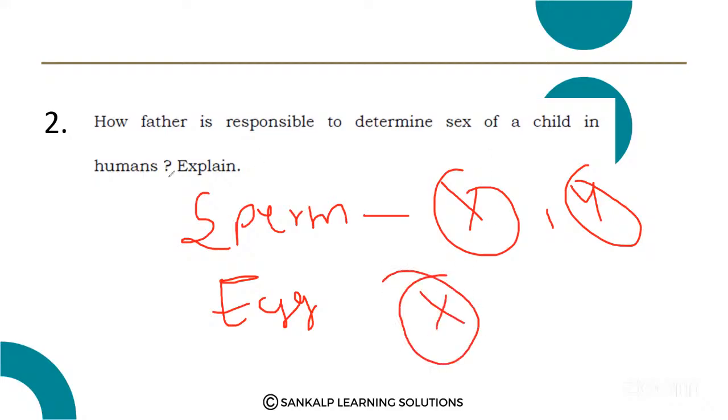So we can say that the father is responsible for determining the sex of the child, because either the X or the Y sperm fuses with the X chromosome of the egg. So the father is responsible to determine the sex of the baby. Next question.